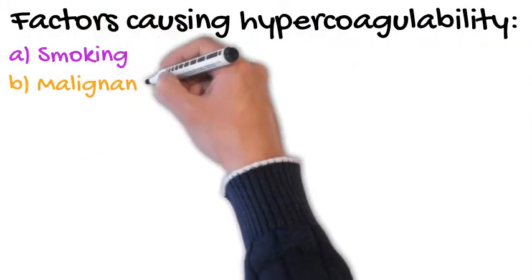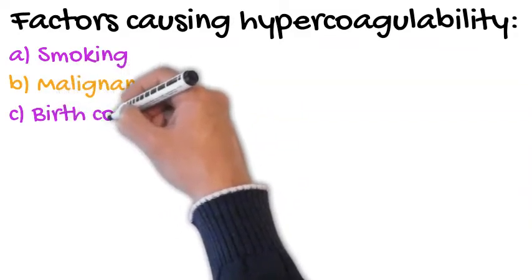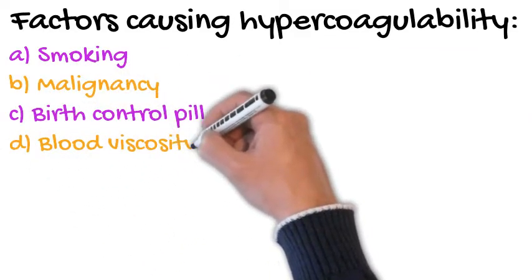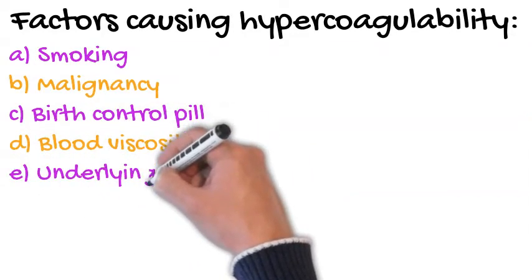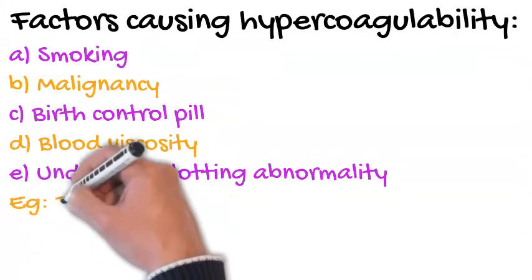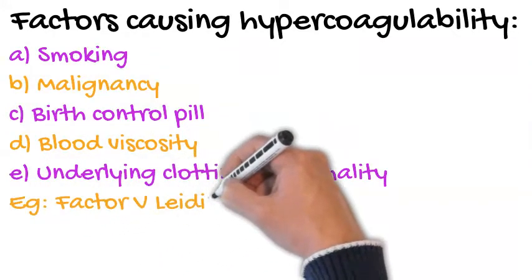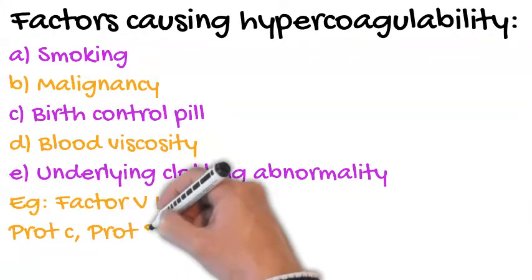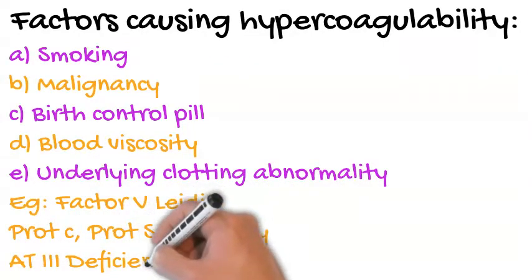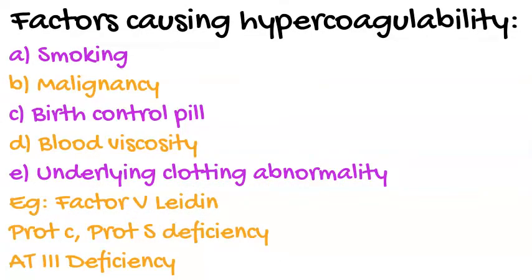Factors causing hypercoagulability: A. Smoking. B. Malignancy. In malignancy, there is an abnormal release of coagulation-promoting cytokines that increase coagulability. C. Birth control pills and pregnancy, whereby estrogen promotes hypercoagulability, especially in the presence of other risk factors.